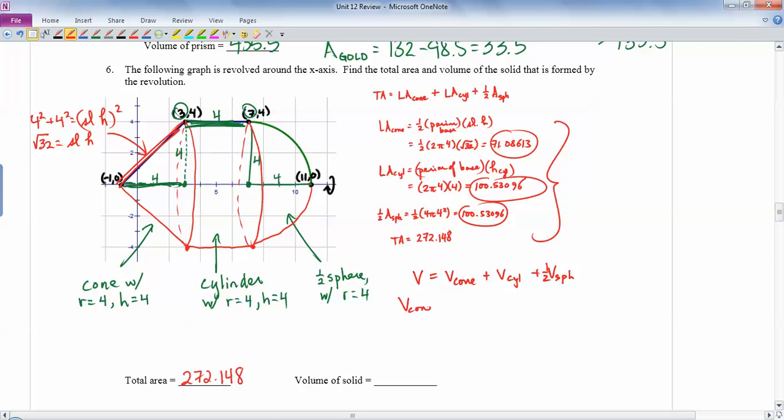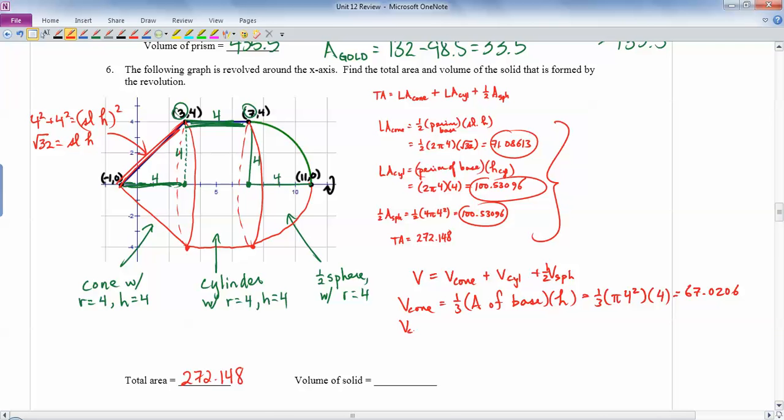So volume of a cone, that's 1/3 area of the base times the regular height of the cone. So that's 1/3 area of the base. The base is a circle, so it's pi r squared times the height, which we knew was 4. So then this ends up being 67.0206.